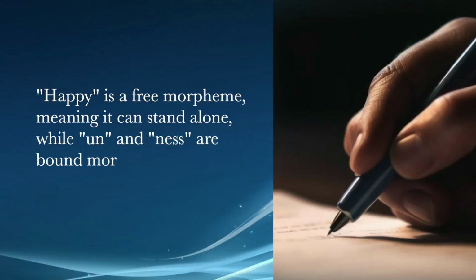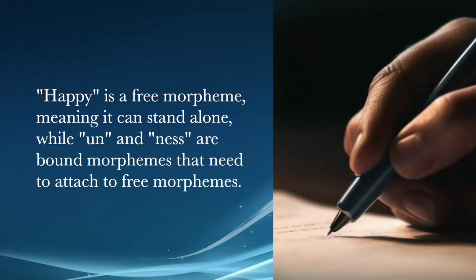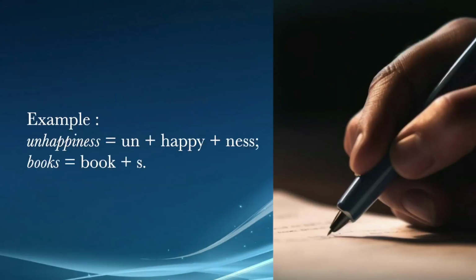So happy is a free morpheme, meaning it can stand alone, while un and ness are bound morphemes because they need to attach to free morphemes. See in the example, unhappiness, that is un plus happy plus ness, or in case of books we see book plus s. So from morphemes we construct words which combine to form phrases.